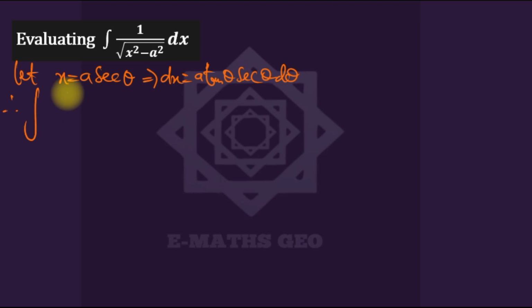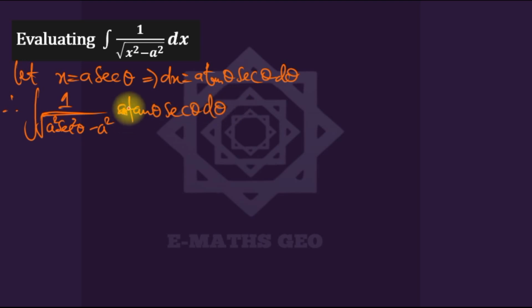Therefore the integral is now 1 over, x squared is now a squared sec squared theta minus a squared, and dx is a tan theta sec theta d theta.